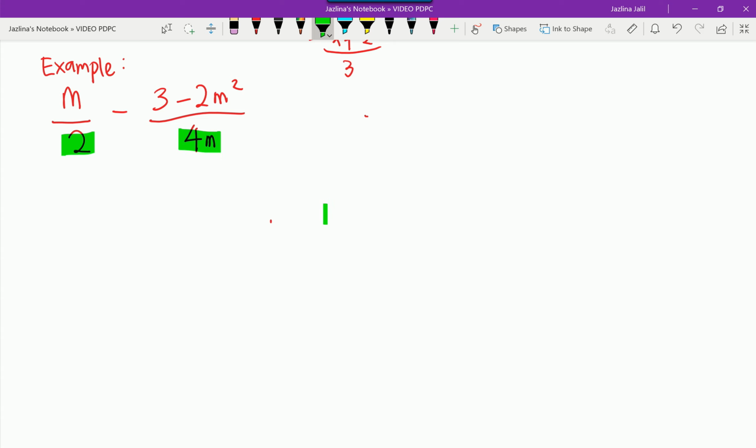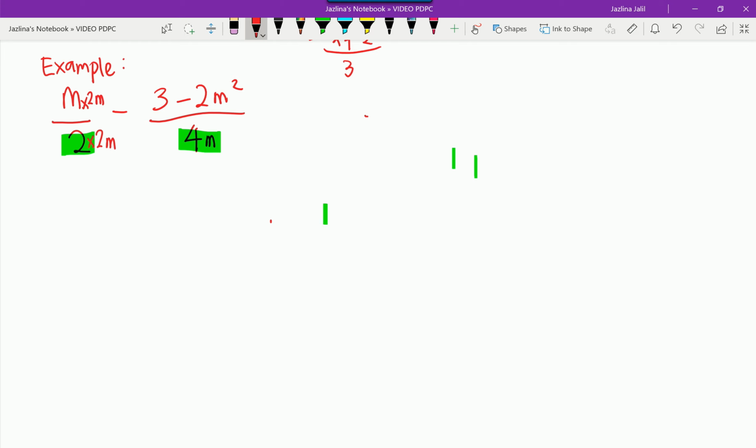This 4m, I think no need to change. You just need to multiply this 2 with 2m, then it will be 4m, just like the second algebraic term. But it's not fair if you only multiply 2m at the denominator. You have to multiply the 2m at the numerator also.